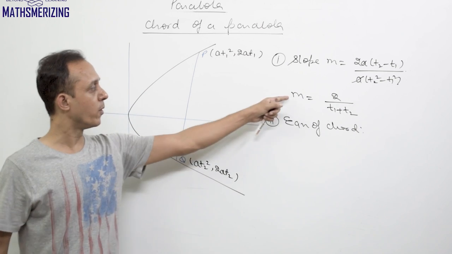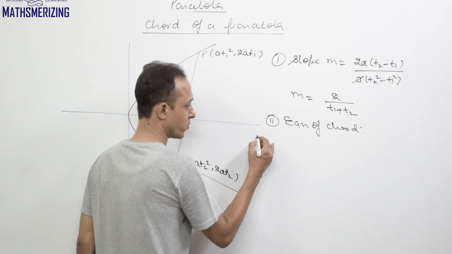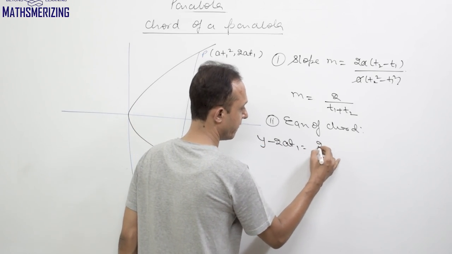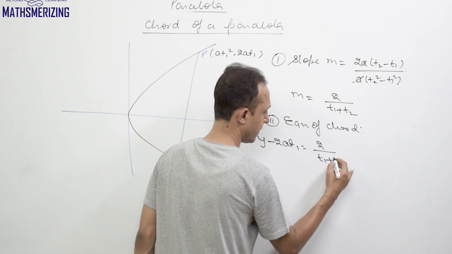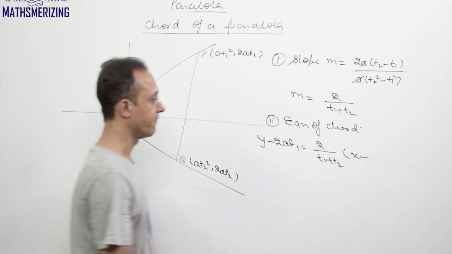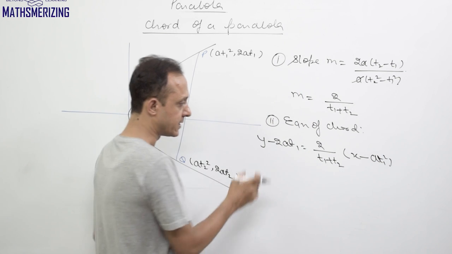Now second thing that you will work out for this chord is equation of this chord. Since we have this slope and we can use any one point, we can write this equation as y minus y1, so it is y minus 2at1, and then m, which is 2 upon t1 plus t2, and then x minus x1, which is at1 square. So we'll multiply by t1 plus t2.